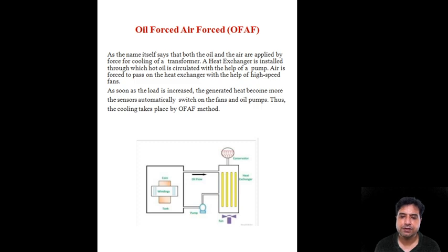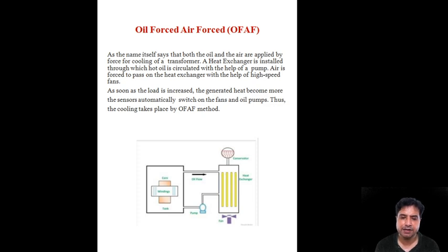Conservator is installed above this heat exchanger unit. Oil is brought from the oil tank into the heat exchanger through the pumps, wherein through the action of fans, air is blown towards the heat exchanger, oil gets cooled, and then it is recirculated into the transformer.